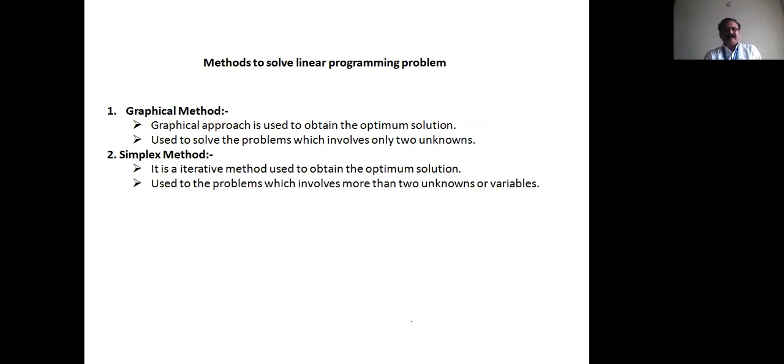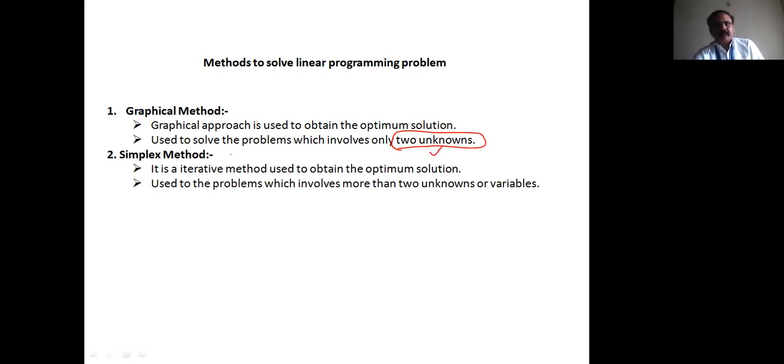The graphical method is a graphical approach used to obtain the optimum solution for the given problem. But it is used to solve the problem when the equation involves only two unknowns. The graphical method is suitable only when the problem contains two unknowns or two variables.